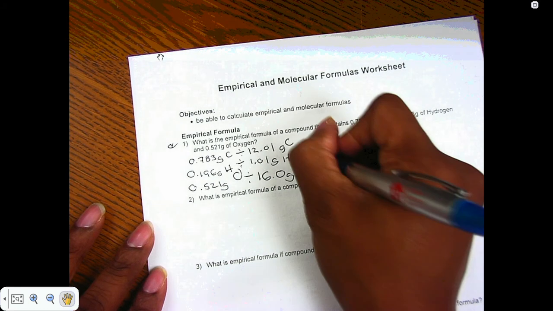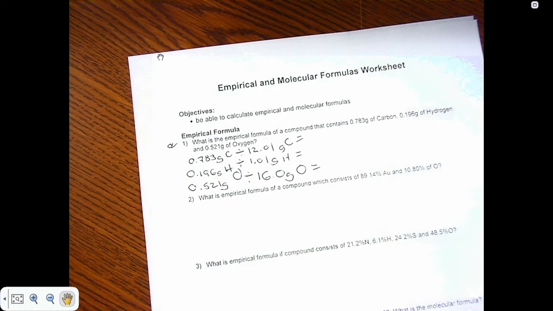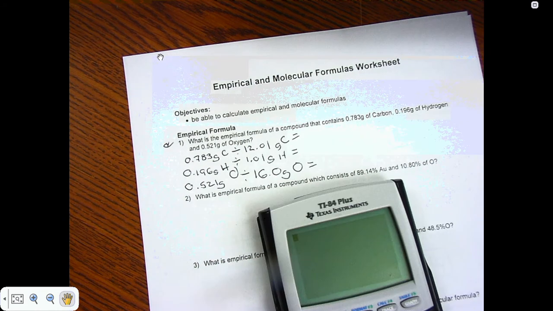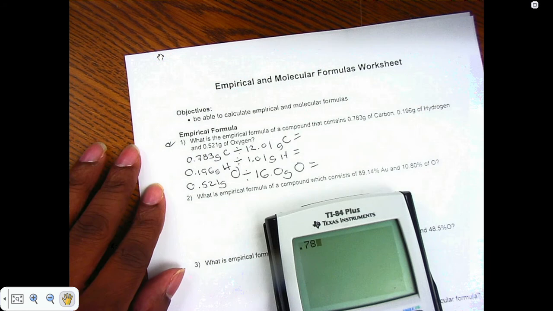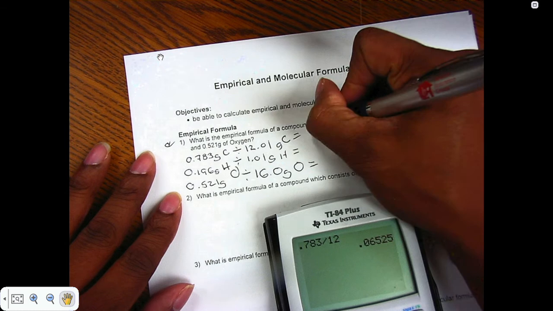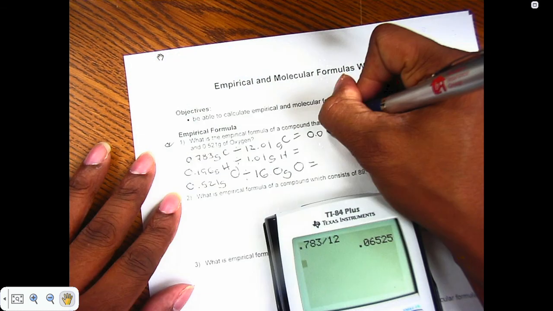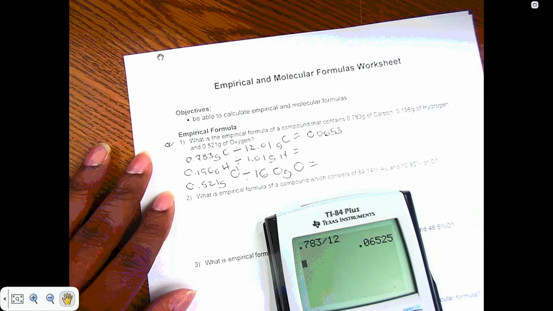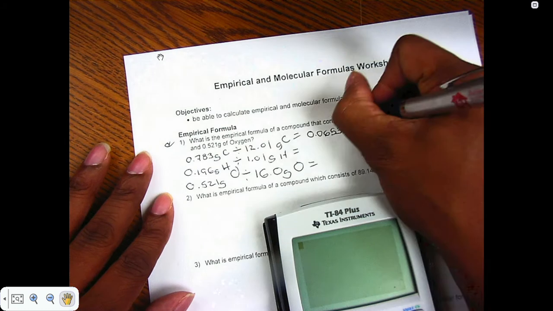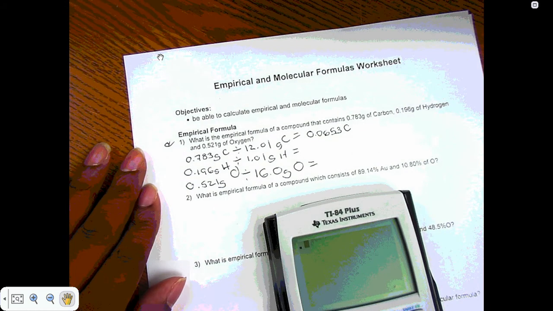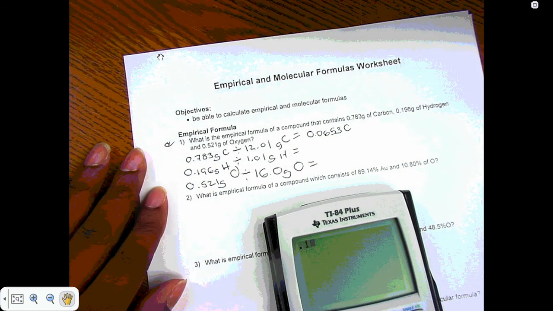Alright, so using my trusty calculator, we then input our information. 0.783 divided by 12 yields roughly 0.0653, and that's the carbon. Next, we have our 0.196, which is divided by 1.01.